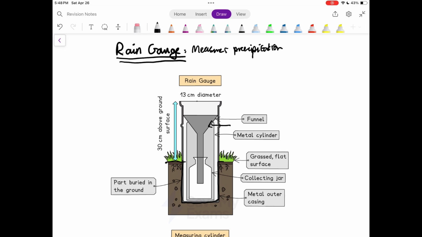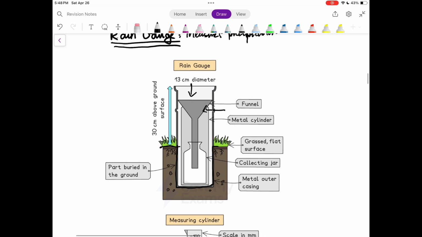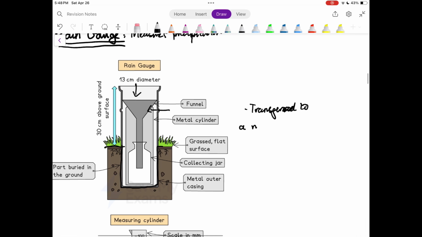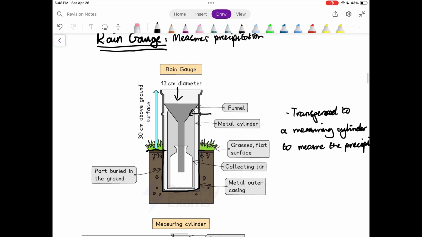So when precipitation happens, it will go through the funnel and into the jar. After the set period of time in which the precipitation is being measured, it is transferred to a measuring cylinder to measure the precipitation. Okay, so that's all you need to know for a rain gauge.